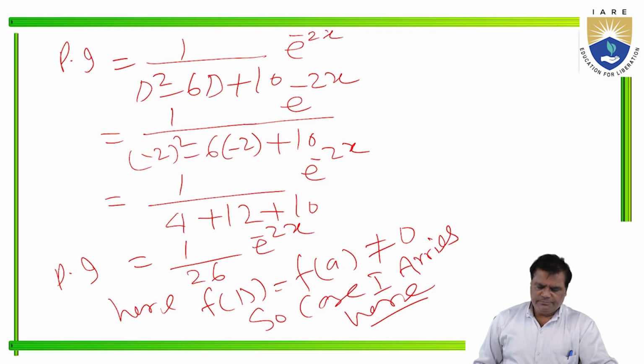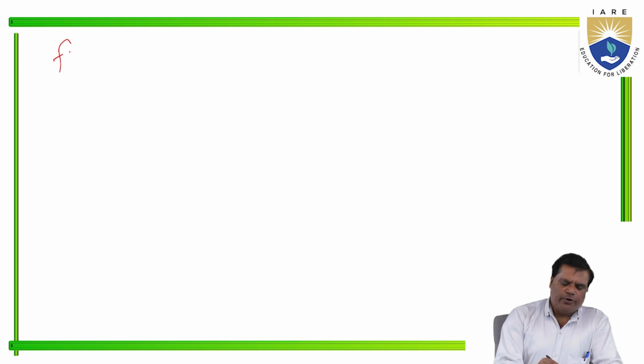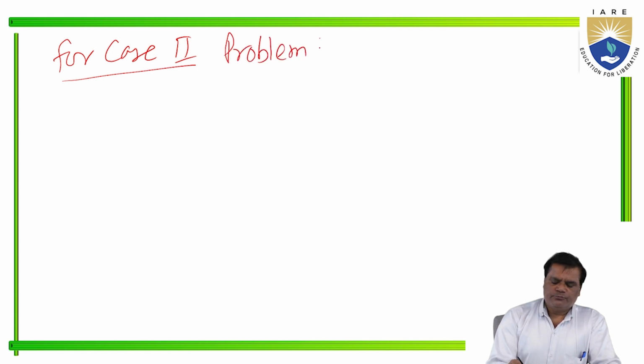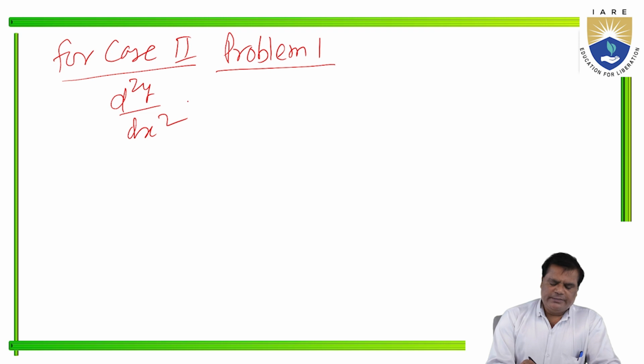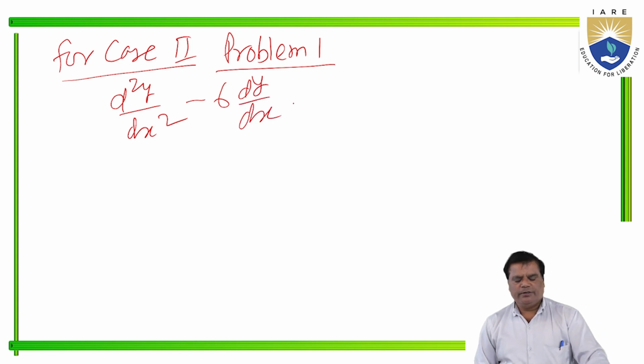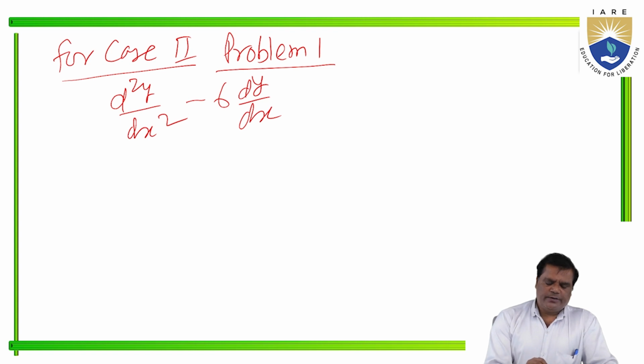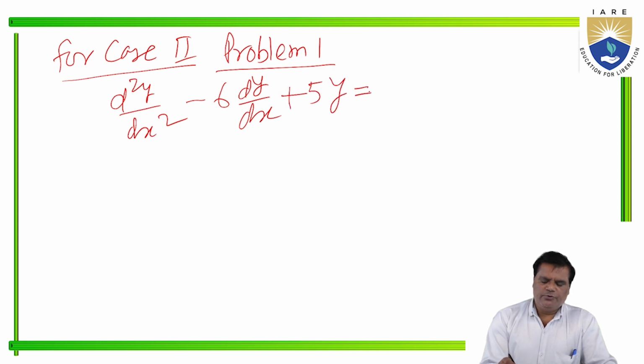Now I am writing the next question, that is for case second, problem 1. d2y over dx2 minus 6 dy over dx plus 5y equals e to the power x.